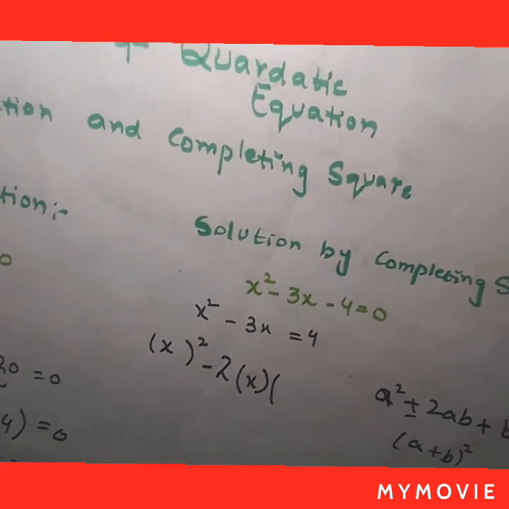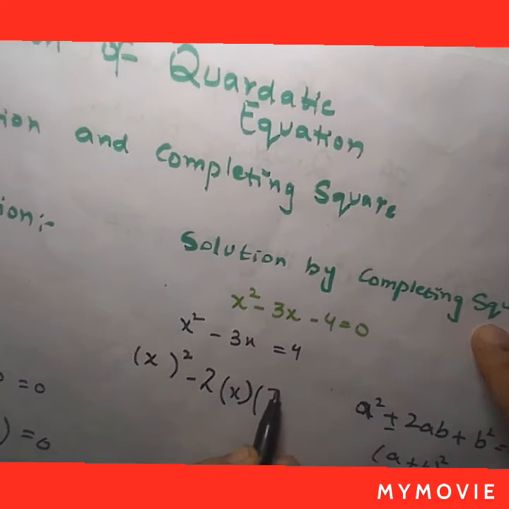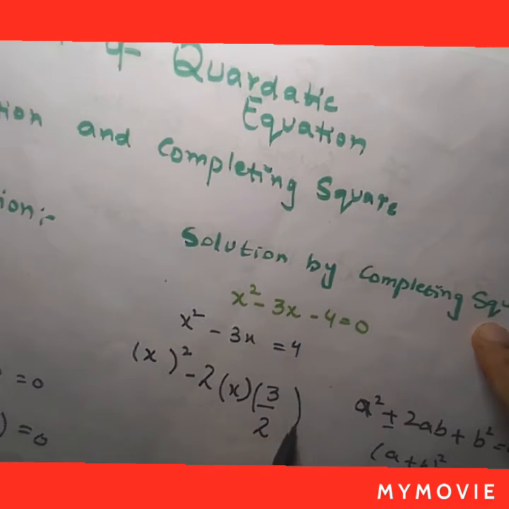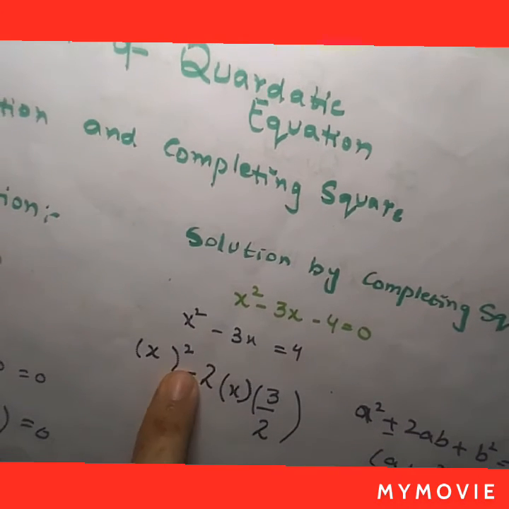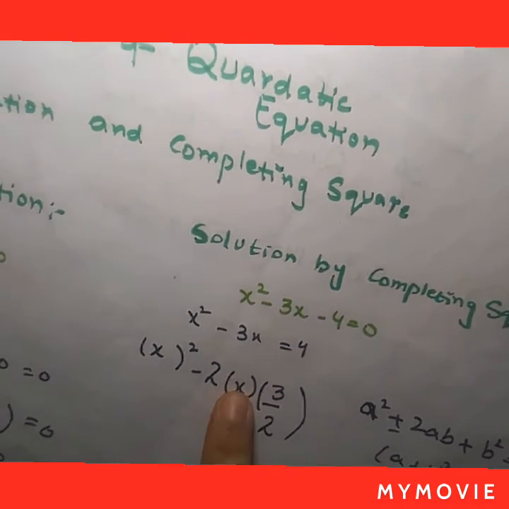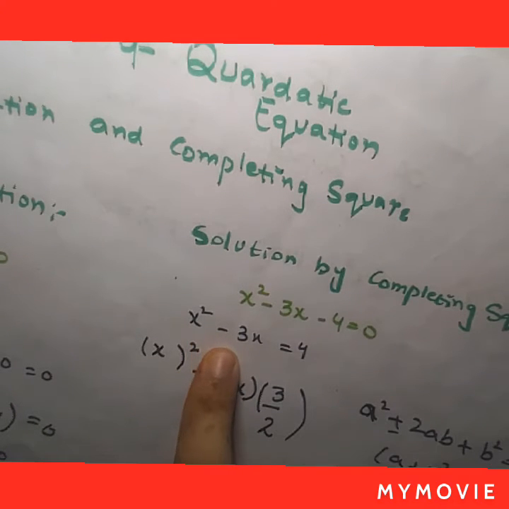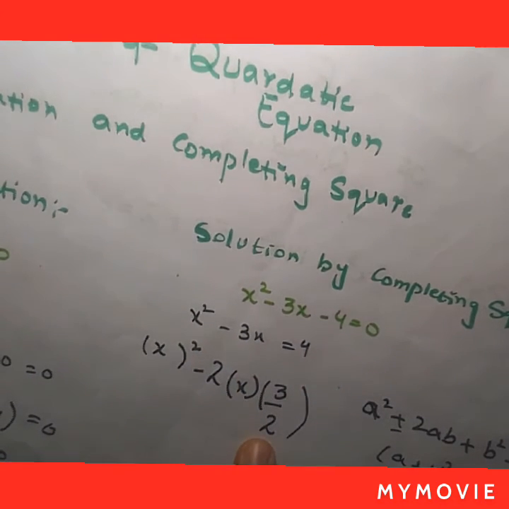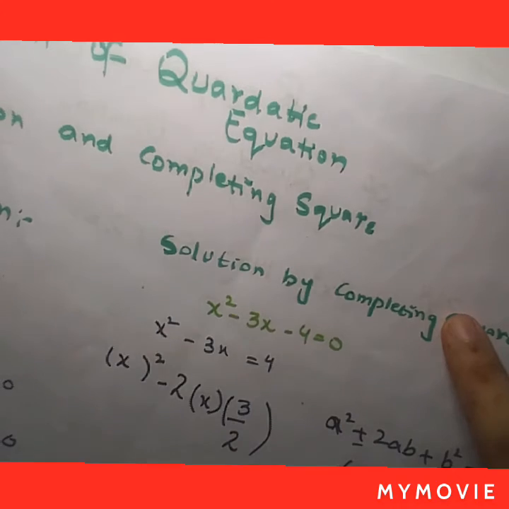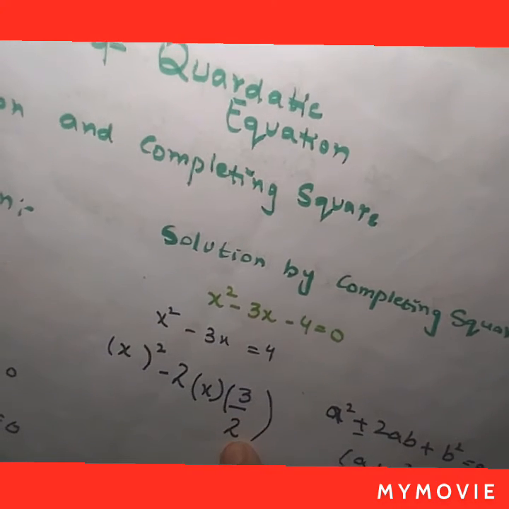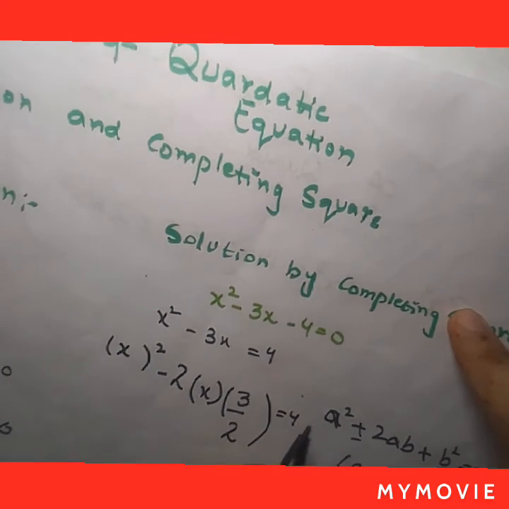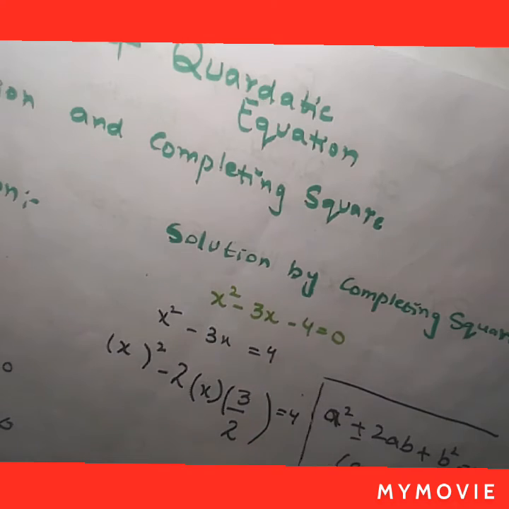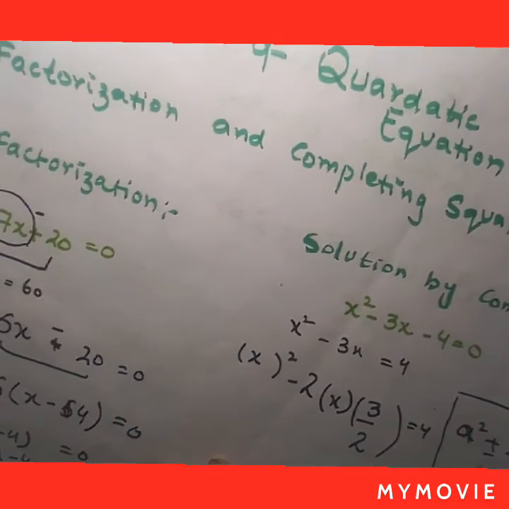That's why we have to divide by 2, because the 2 cancels and 3x stays, as in the statement. Cancellation helps us, and we get 3 by 2.